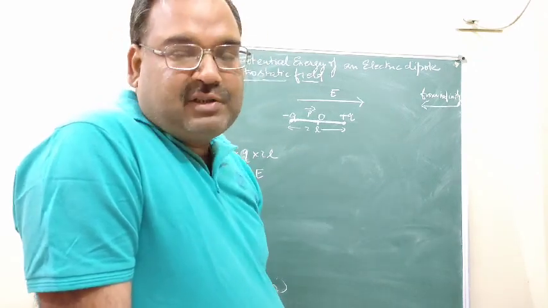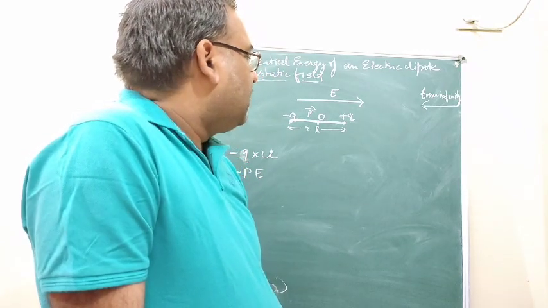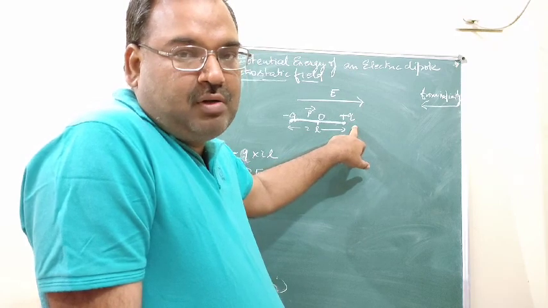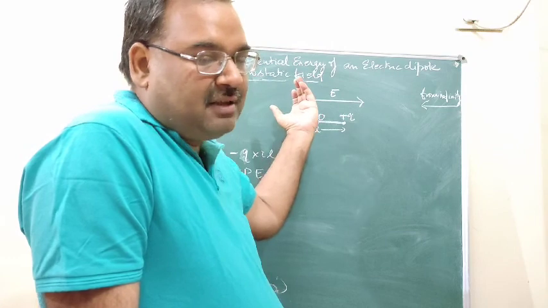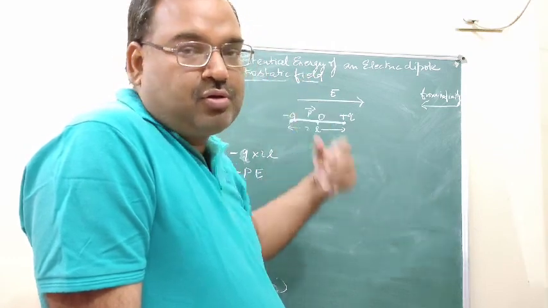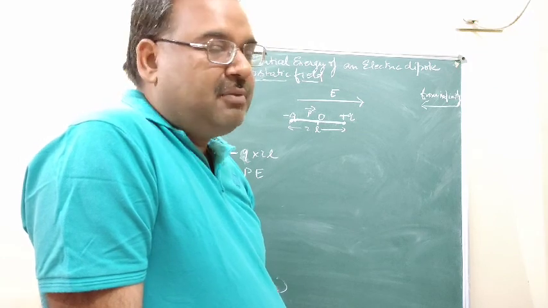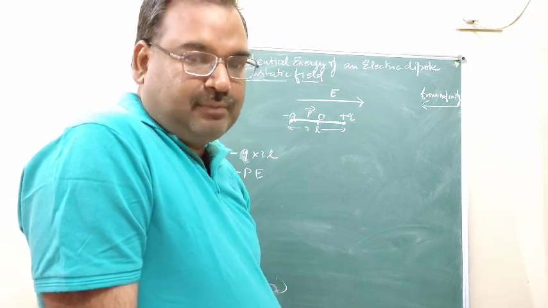So there will be force acting on the dipole. On the positive charge, the force will be QE. It is being brought against the electric field, so there will be a repulsive force. Work has to be done by an external agent in bringing the positive charge from infinity inside the electric field.